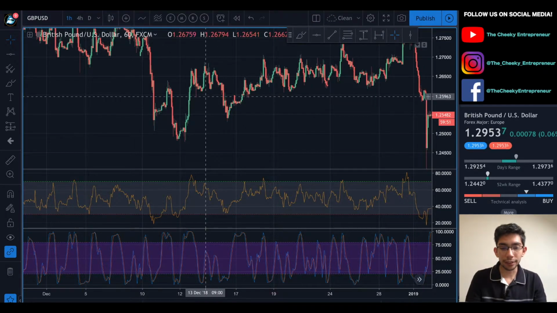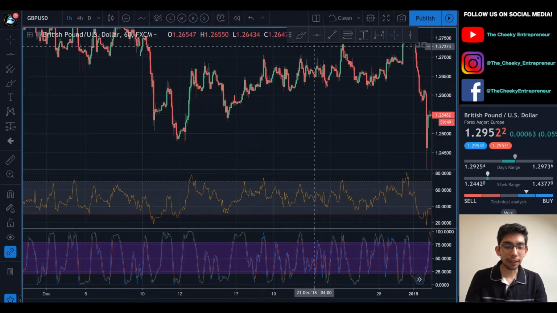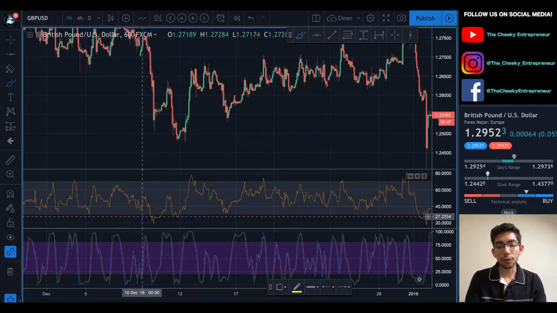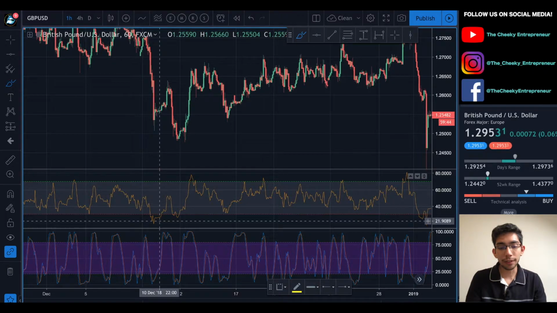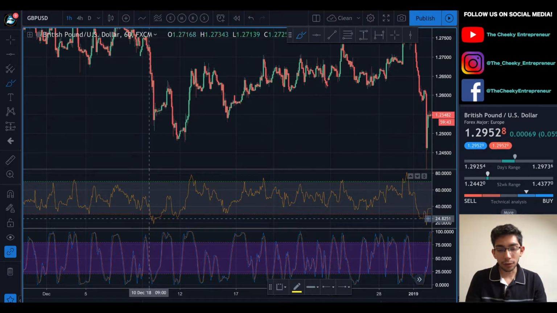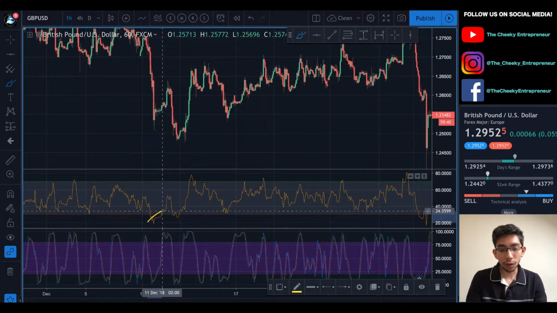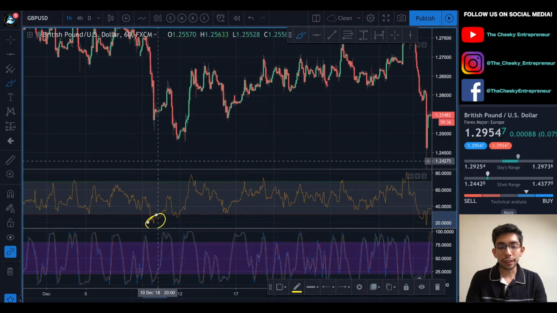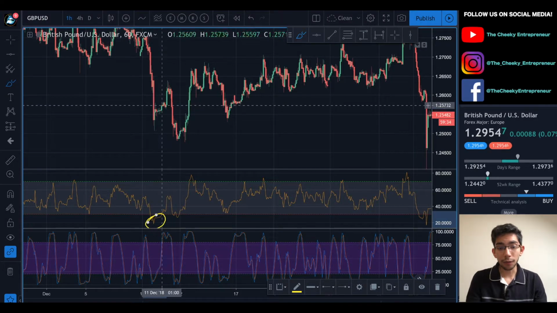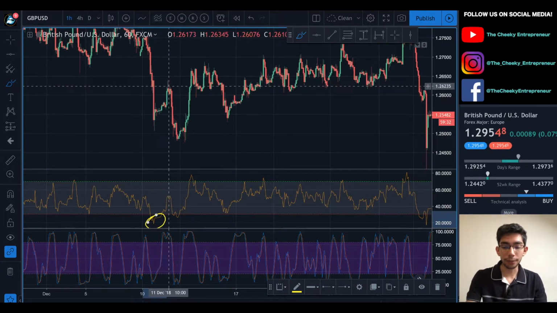So for instance, in here you can see that the 30 level forms a kind of resistance. So whenever you have the price going down, for instance in here, you can wait until it breaks this level to the upside, and you will see that the price follows up, at least in this scenario.